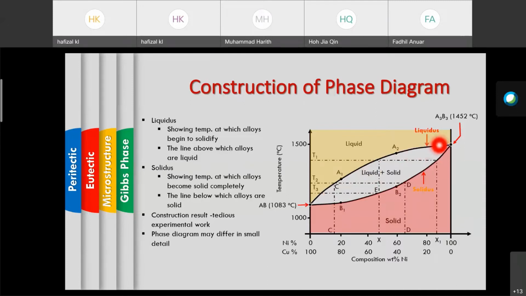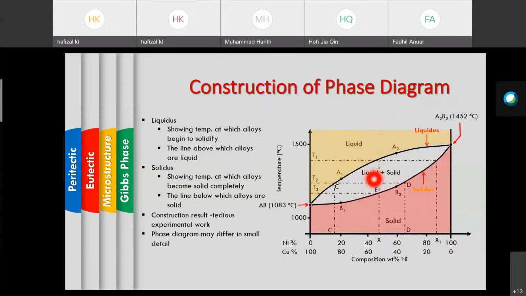We can name it as the liquidus line and also the solidus line here. Then we have the liquidus area, which is the liquid area, the existence of liquid composition in terms of nickel and copper. And when solidification takes place, there is a transformation, the coexisting of liquid and solid in this area.